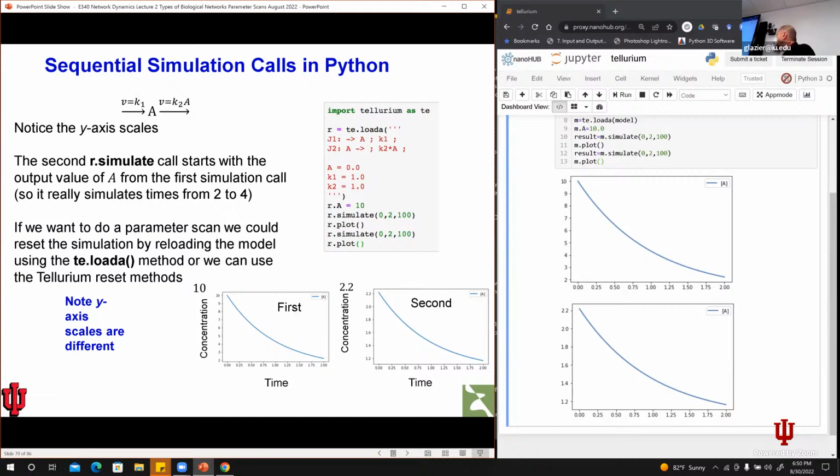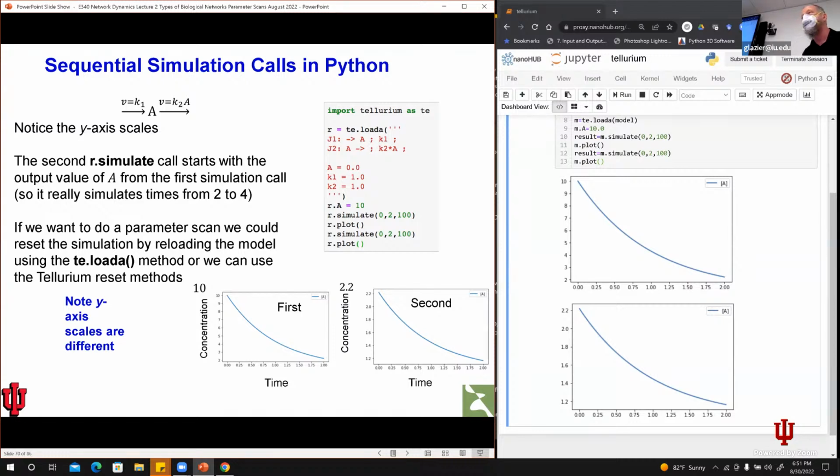So it's stored. I run the first simulate, it's up to time 2. The value of A at the end is saved. And when I run the second simulate, that's done going forward, because that initial value of A is only read once when I do that load.